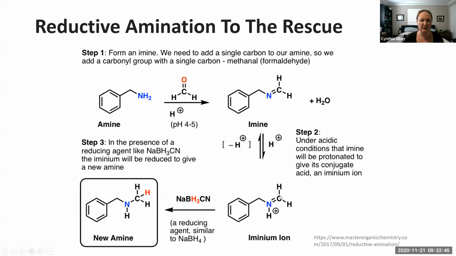So as a result, it can react with strong nucleophiles, such as a hydride from a reducing agent. We commonly use sodium cyanoborohydride instead of sodium borohydride or lithium aluminum hydride for reasons that we're going to talk about. But the sodium cyanoborohydride will donate one of its hydrides to the carbon in a nucleophilic attack. Electrons will flow up to the nitrogen, leaving a neutral secondary amine, which we can isolate.